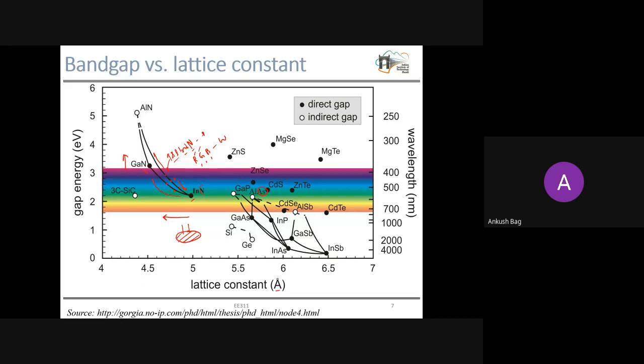Now the lattice constant between this material, that means the atomic distance of this material, let's say in aluminum indium nitride, and the silicon should remain the same. Why? Let's say two atoms are here, compound semiconductor, and this is the silicon substrate.